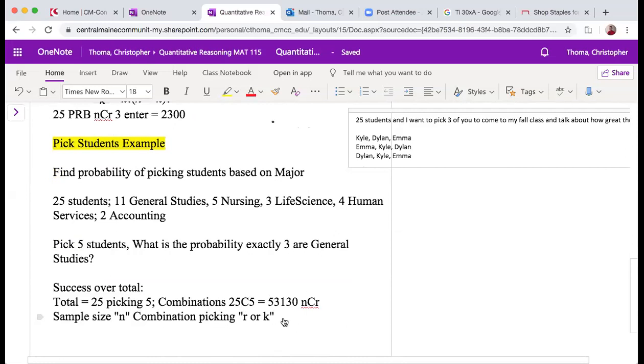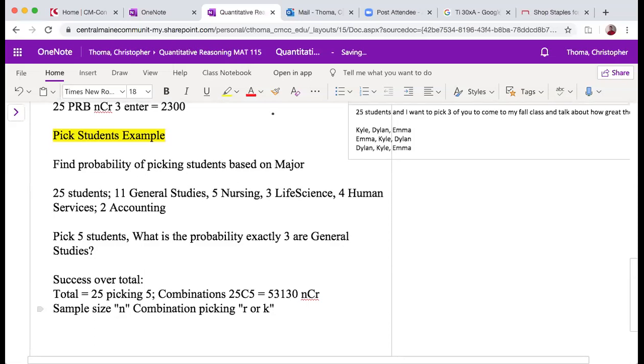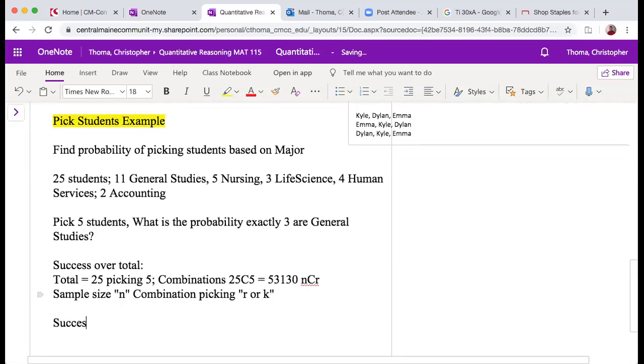So total was not too bad to find. What is a little bit harder to find is success. If I want to be successful in my problem, how would I be successful? Well, to be successful, I have to get exactly 3 general studies.